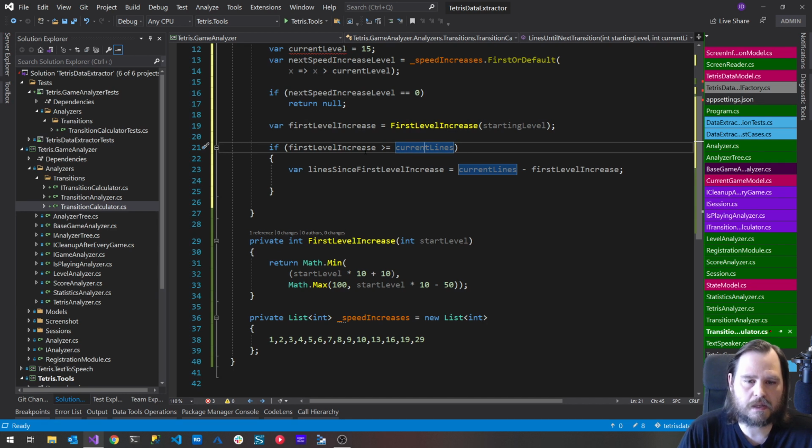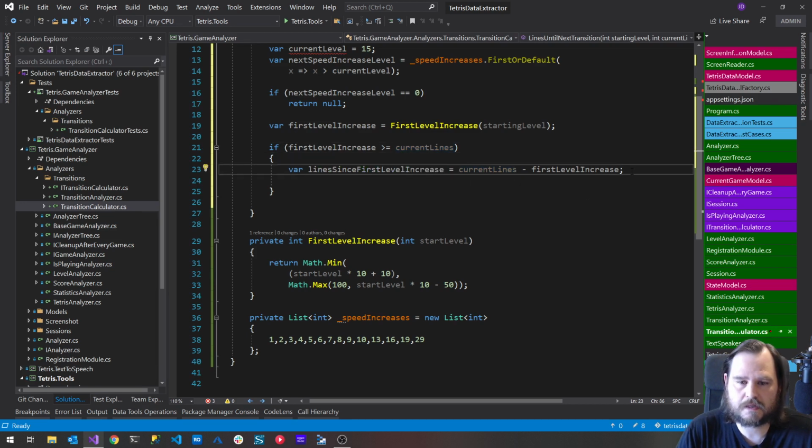Okay, so your first level increase is greater than or equal, so we've hit it. This is since we first gotten it.